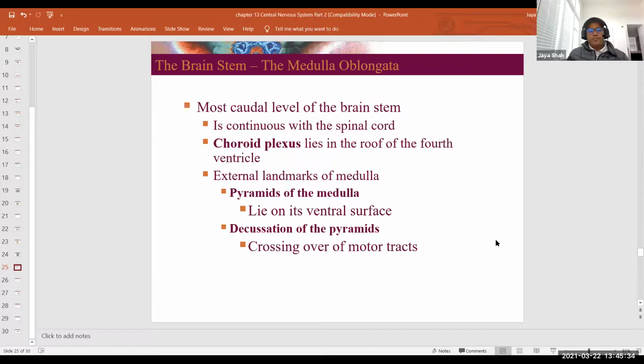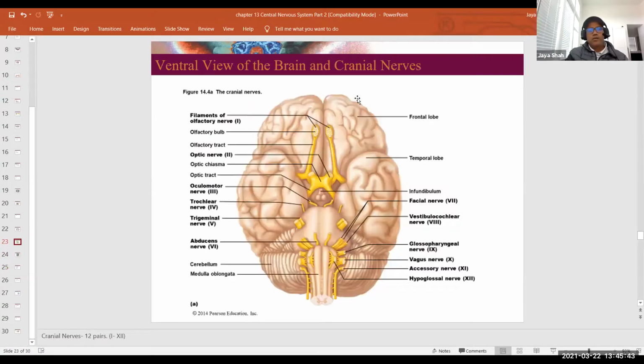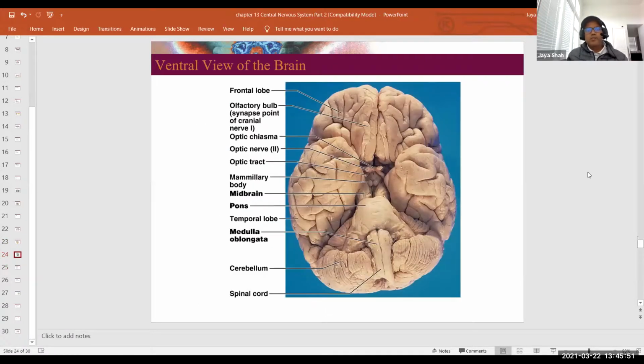So the brain stem, after the midbrain. In the midbrain, here, let me show you.